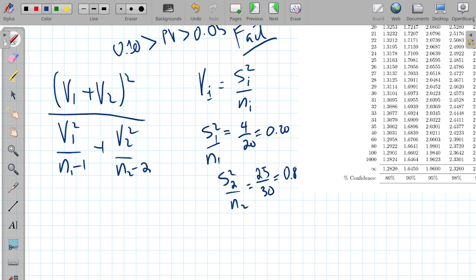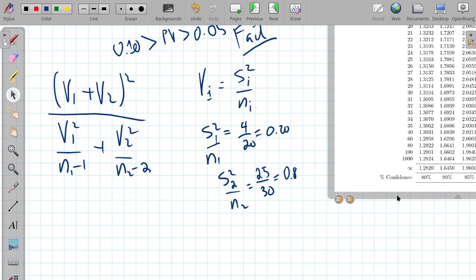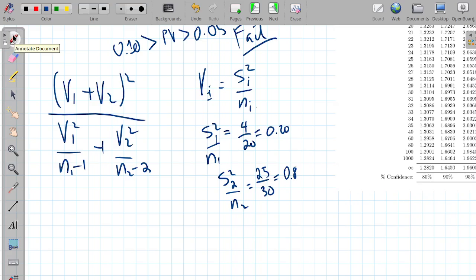Where's my calculator? Let's do that. 25 divided by 30 should be 5 over 6, which would be about 0.84, I would think. 25 divided by 30, 0.833. We're not going to chase that any harder than that. Yeah, there we go. Okay, so let's do this thing now. Degrees of freedom.